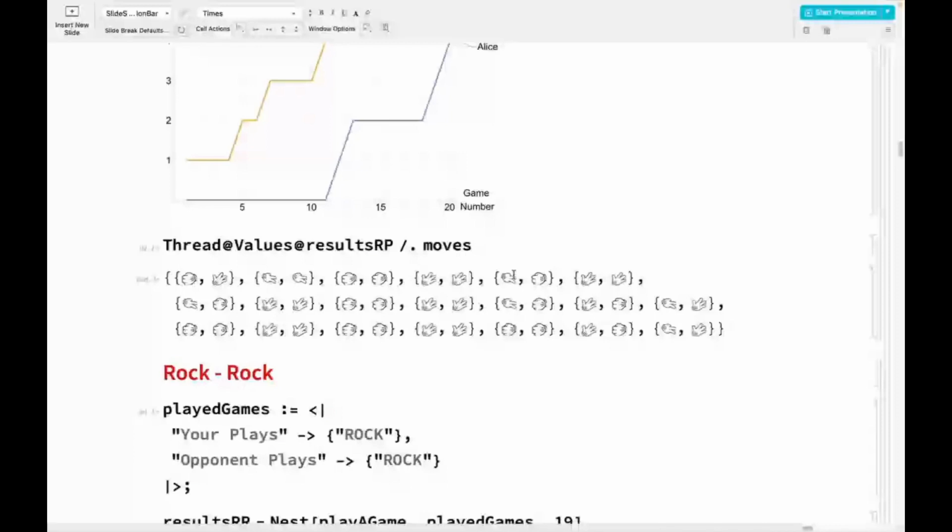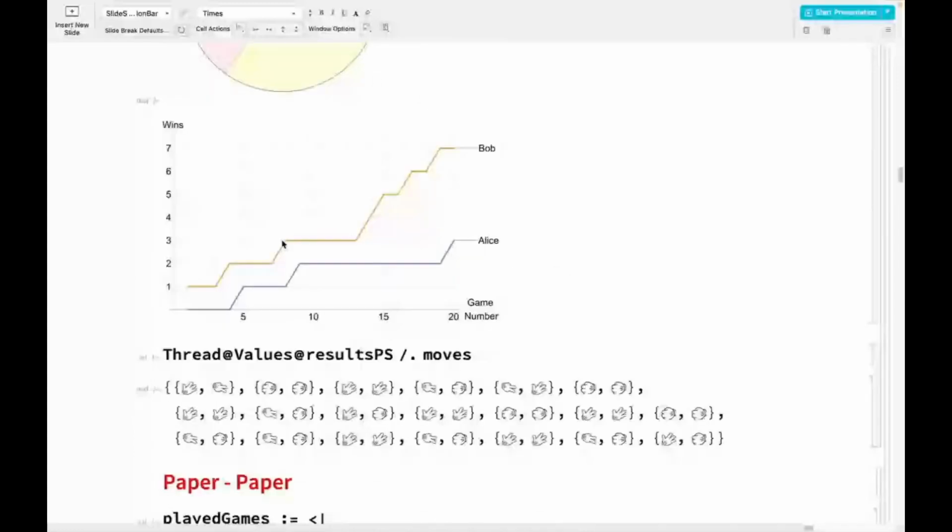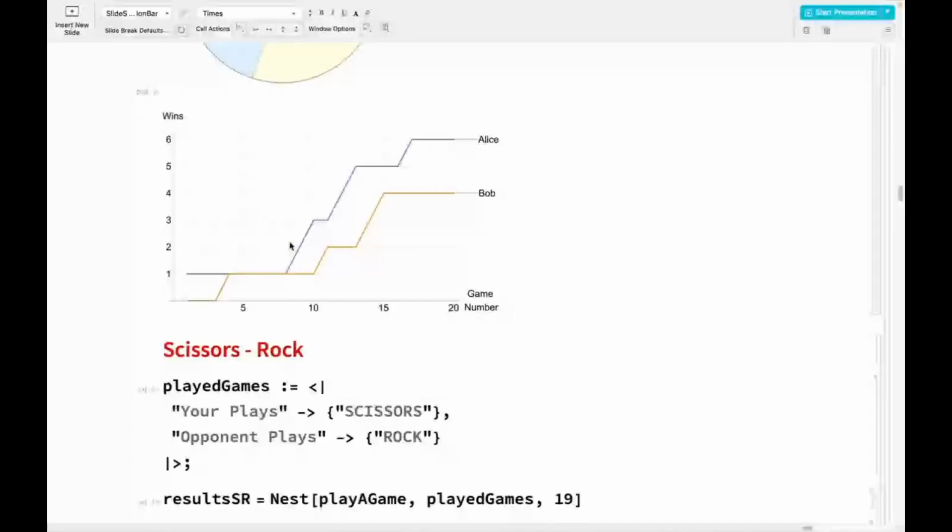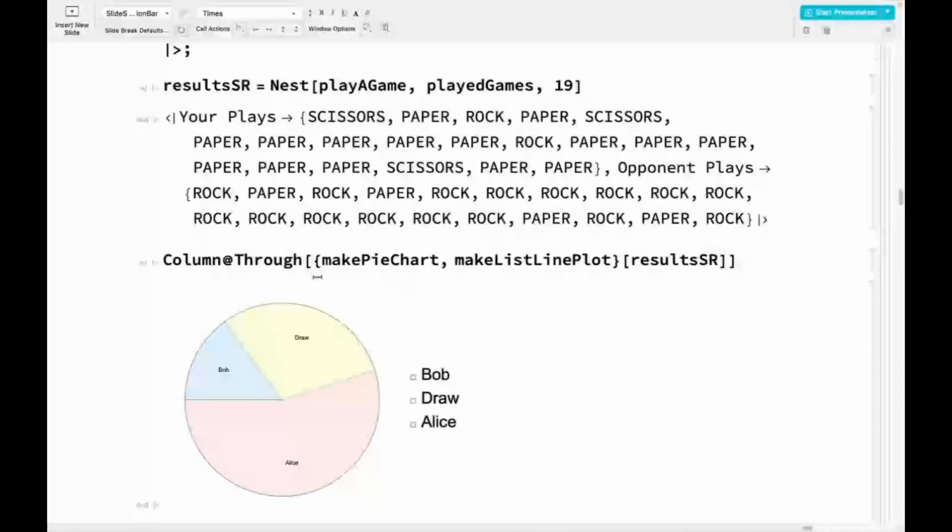Again, with paper and scissors, and here it's one of the only 9 initial conditions where Bob manages to win. But then doing the overall results, we can see that Alice GPT-4 is much better than GPT 3.5.